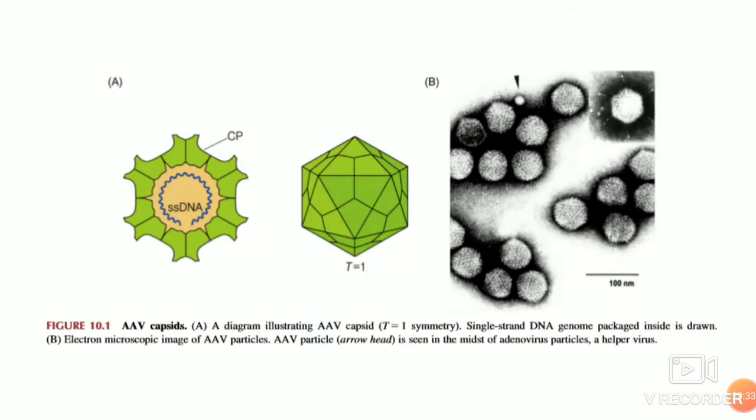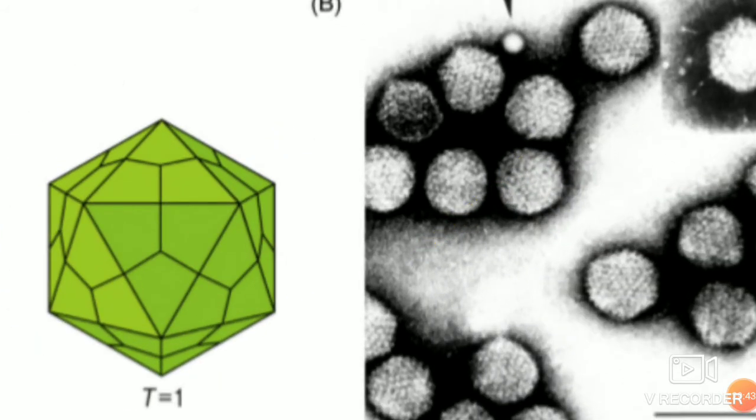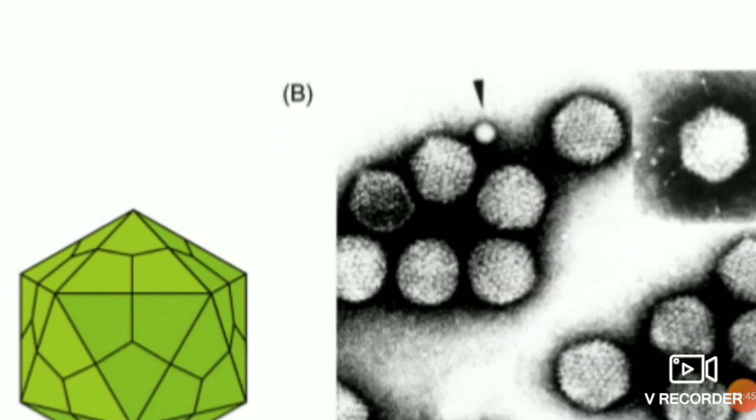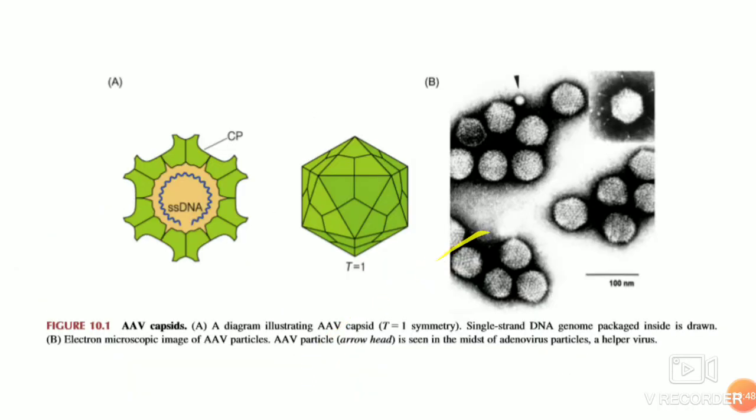So first we'll take the adeno-associated virus. It is called adeno-associated virus because, in an adenovirus preparation, here you can see a narrow mark is shown. The bigger ones are the adenovirus and the small one is the parvovirus, that is the adeno-associated virus.